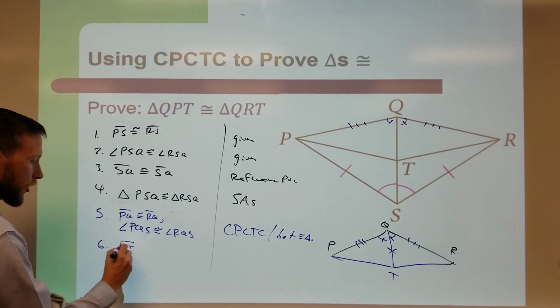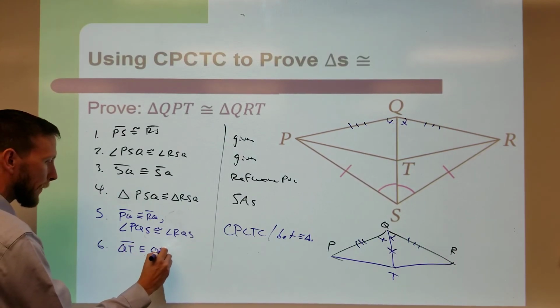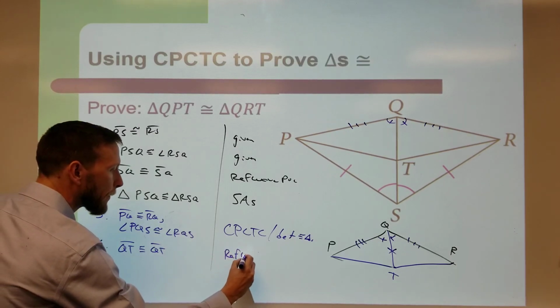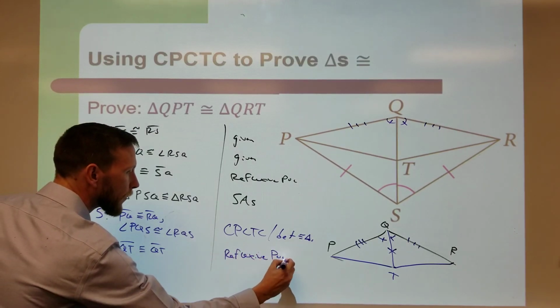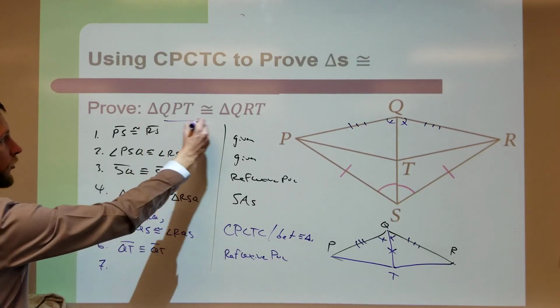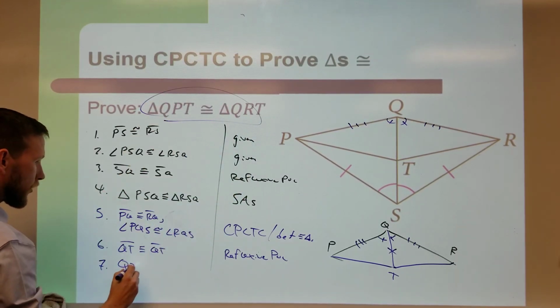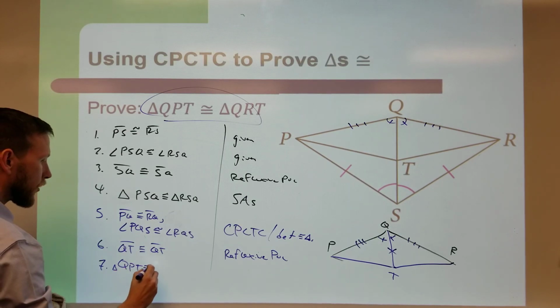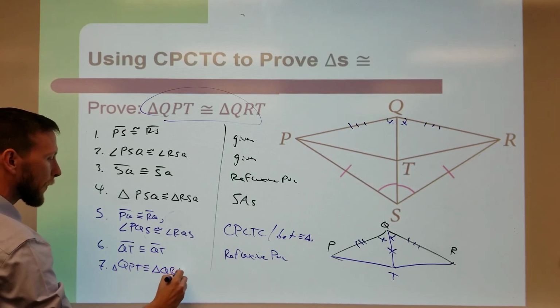QT is congruent to QT. Pair of sides, pair of angles, pair of sides. Those triangles are congruent.